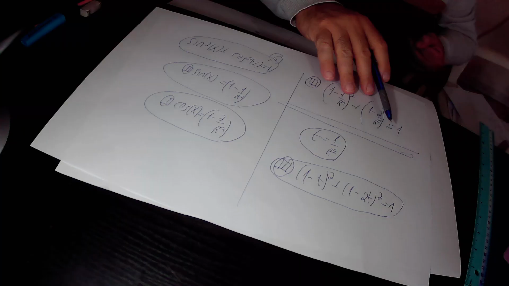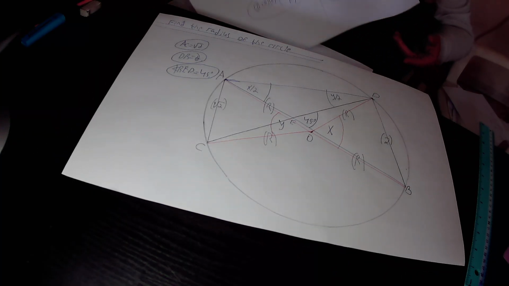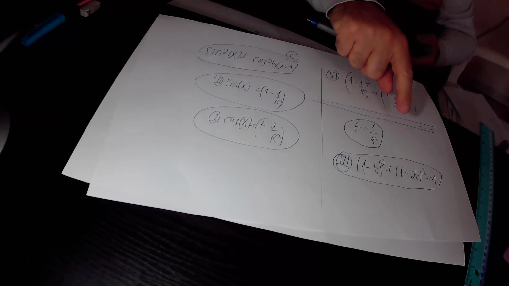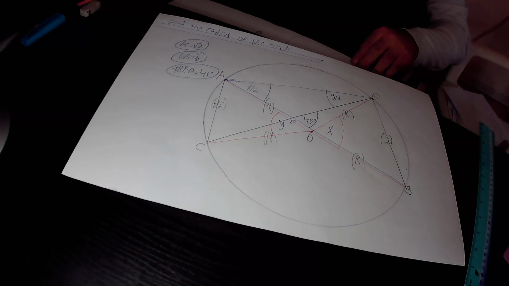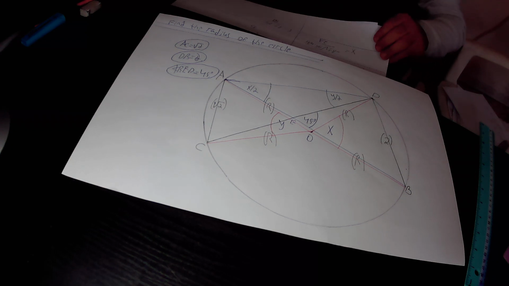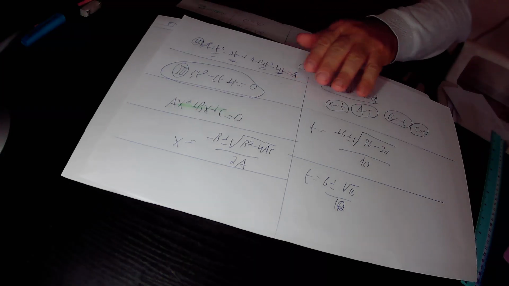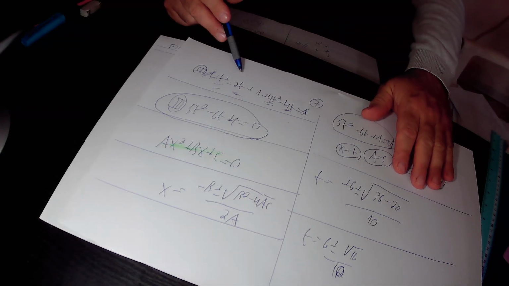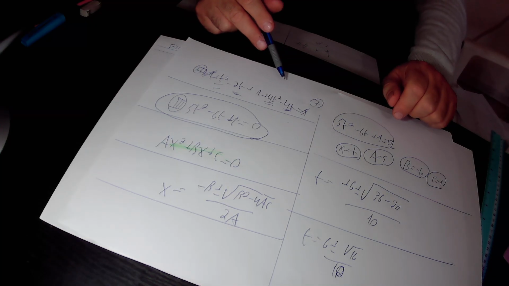So in total, after we open the brackets, we get 1 + t² − 2t + 1 + 4t² − 4t equals 1.